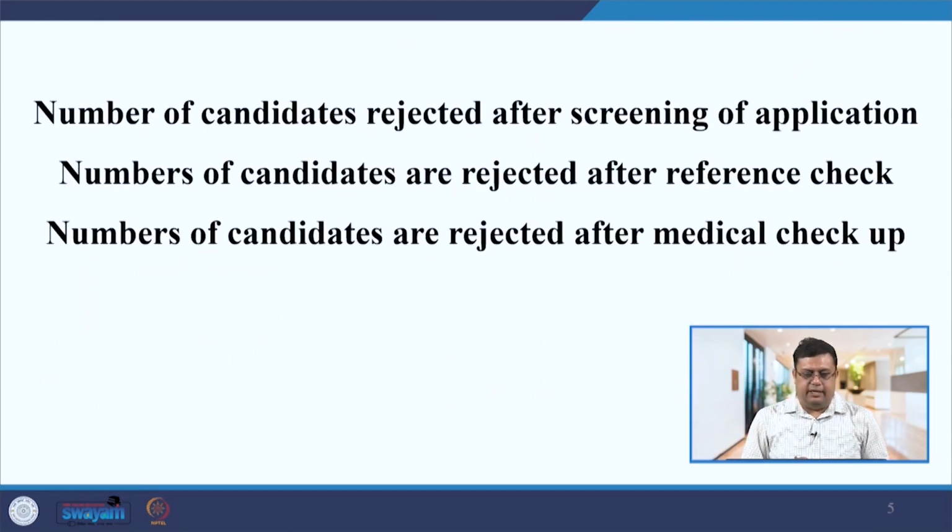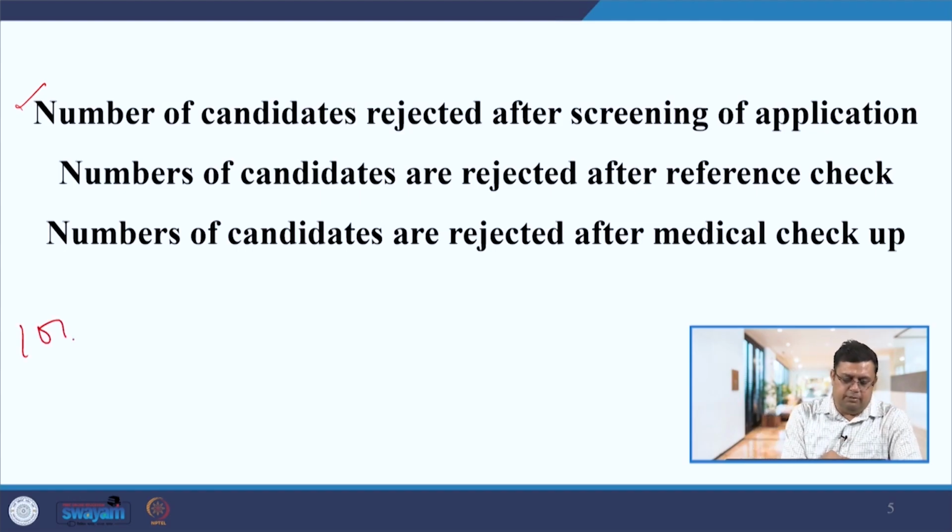Next thing that we can calculate, and I always suggest that we should have certain numbers. The first number is the number of candidates rejected after screening of the application. Let us assume 1000 people have applied for a job.